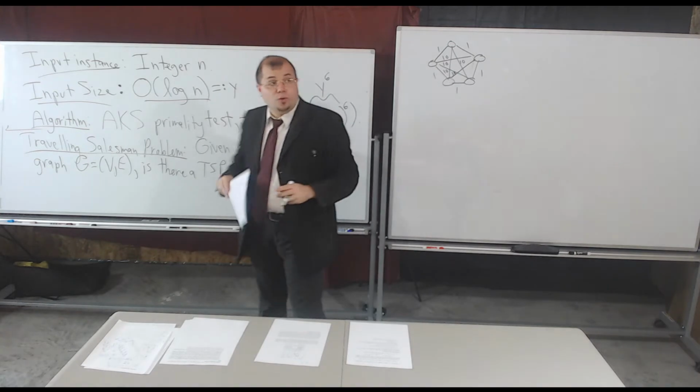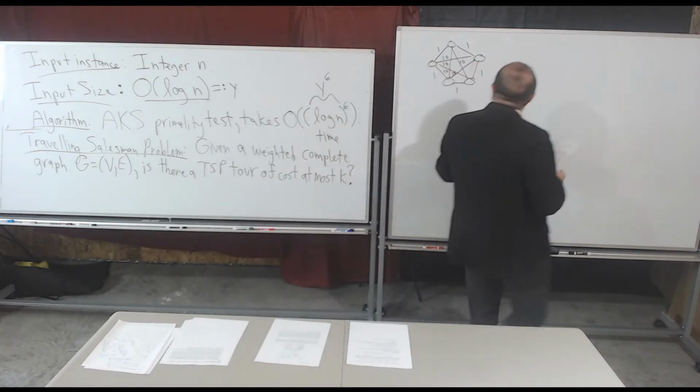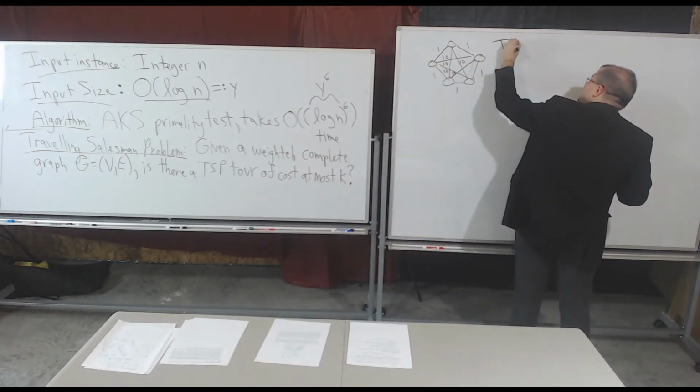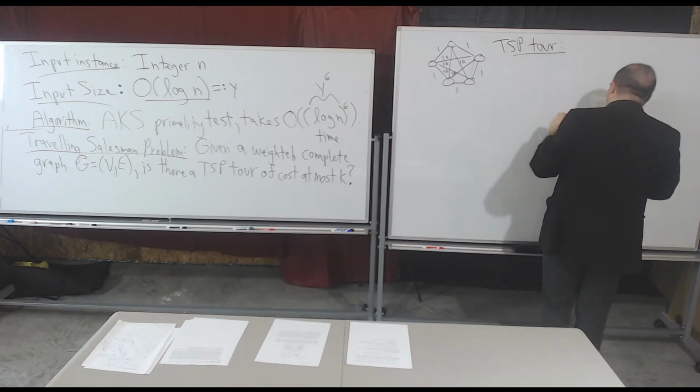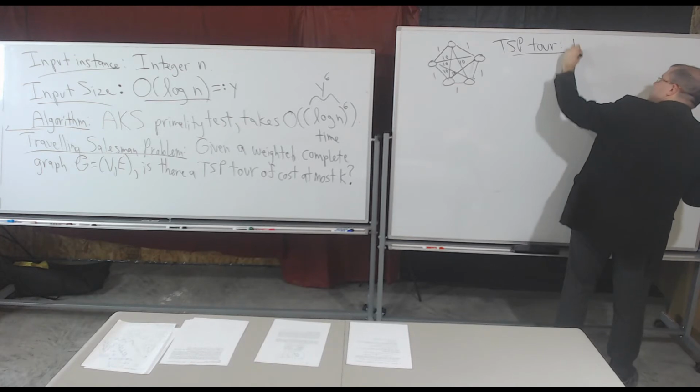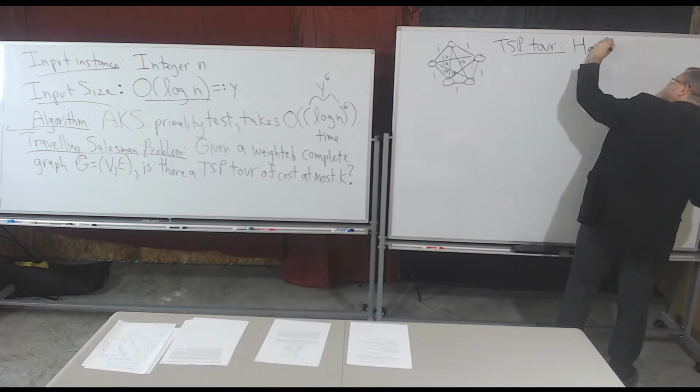So a TSP tour is a fun name to describe what is called, just for the sake of those that are so graph theoretically inclined, a Hamiltonian cycle.